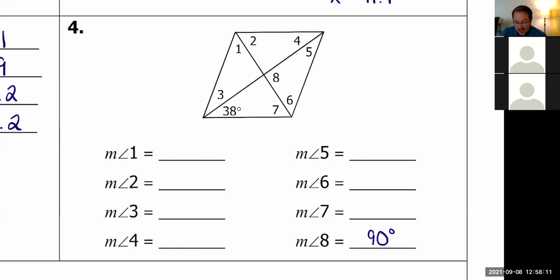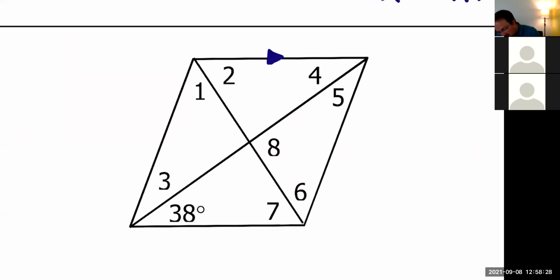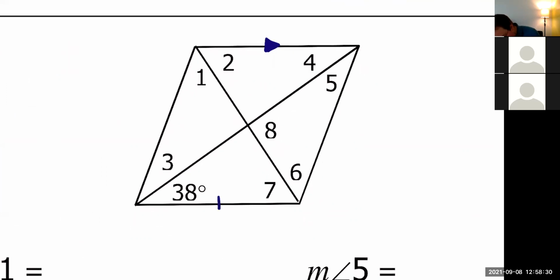Now, to help me through this diagram, one of the things I'm going to probably use quite heavily is the fact that it follows the same rules as a parallelogram, which means that opposite sides are parallel, which opens up the door for the fact that maybe we have some alternate interior angles in here, which will help me match things up a little bit.